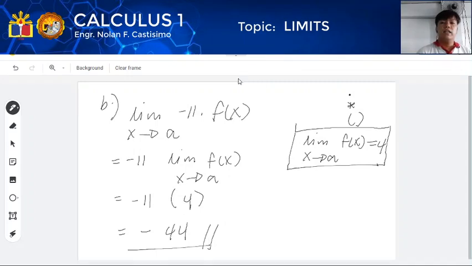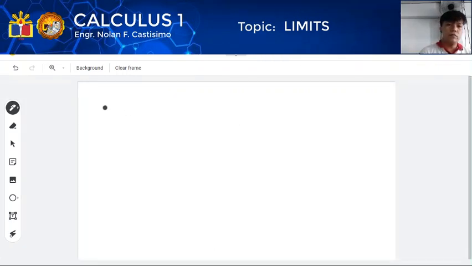Next. Last example. So, C. Ayan. So, okay naman na siguro yung tatlong examples para sa inyo. Next, we have the limit of 3 over 2 multiplied to f of x as x approaches a.